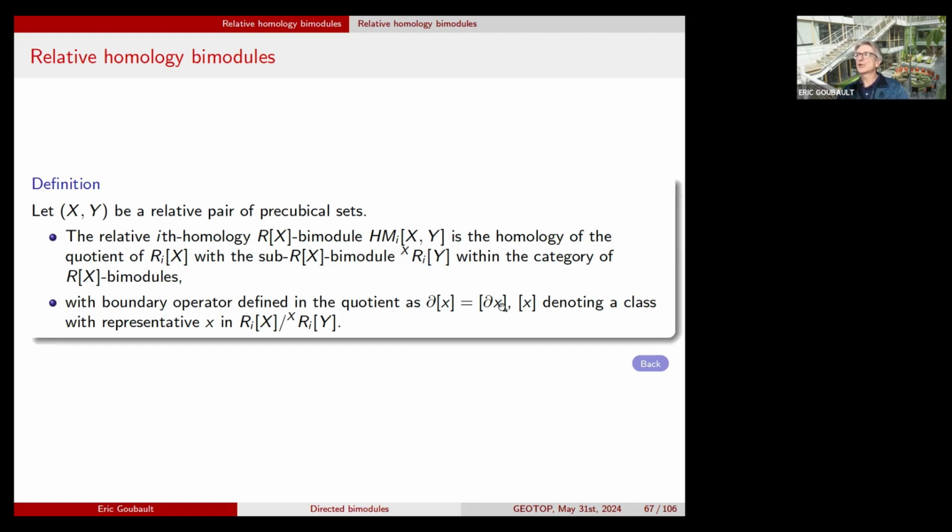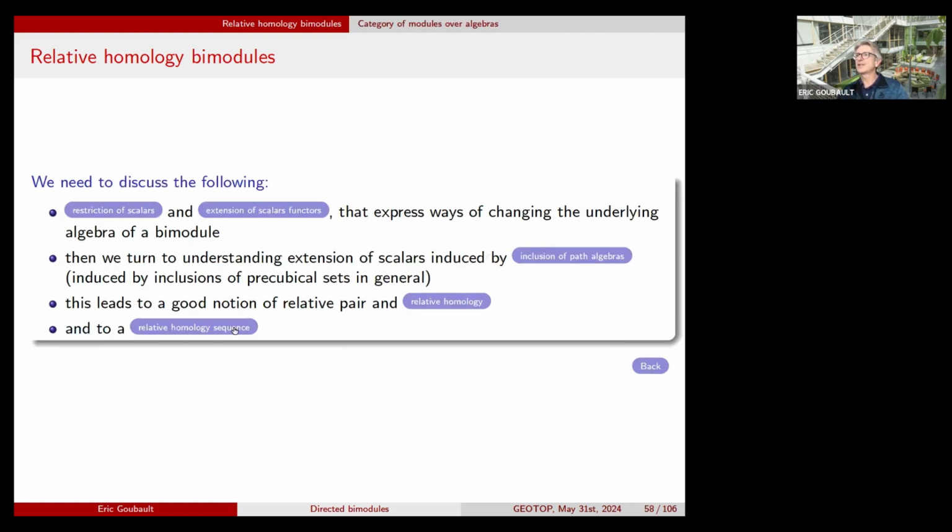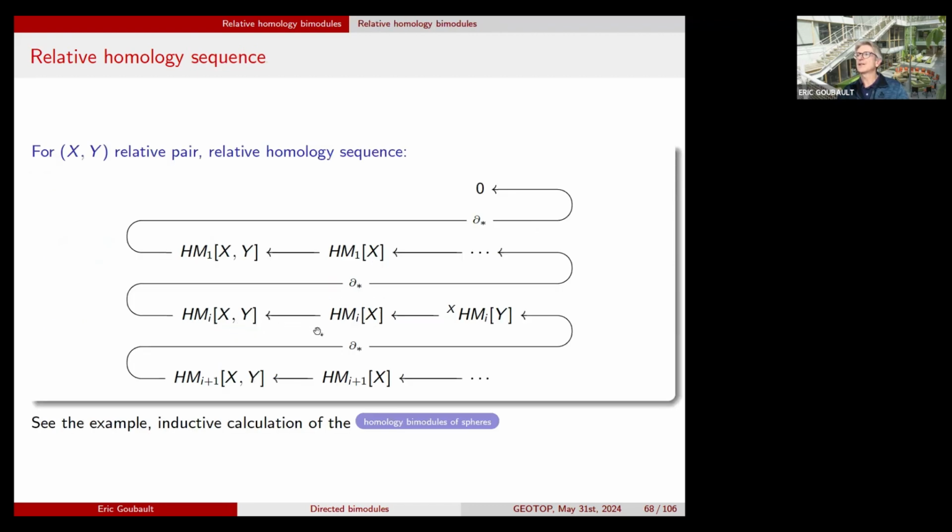And now if you look closely, and I'll finish here, if you look closely at the extension of scalars properties, it's a left adjoint.